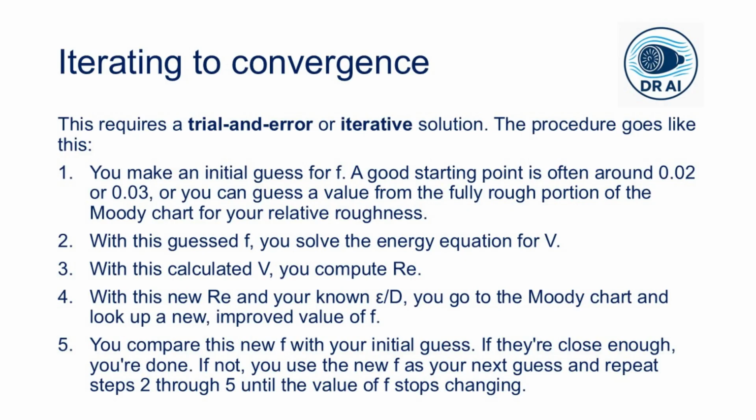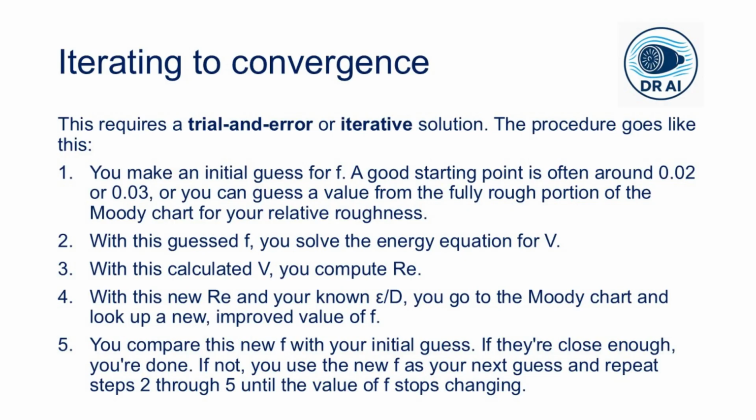The procedure goes like this. Step 1: you make an initial guess for the friction factor F. A good starting point is often around 0.02 or 0.03, or you can guess a value from the fully rough portion of the Moody chart for your relative roughness.